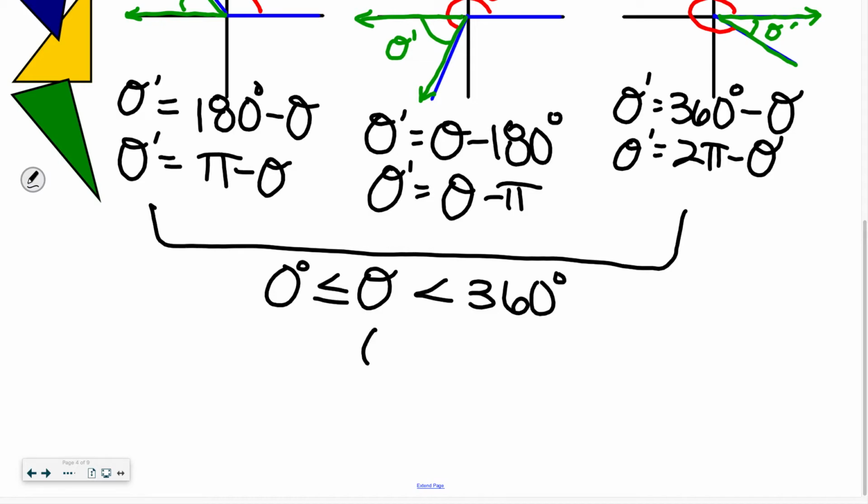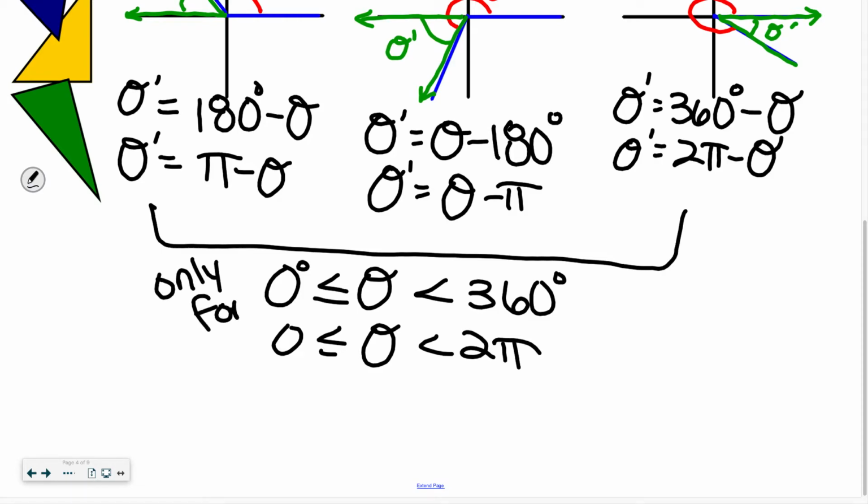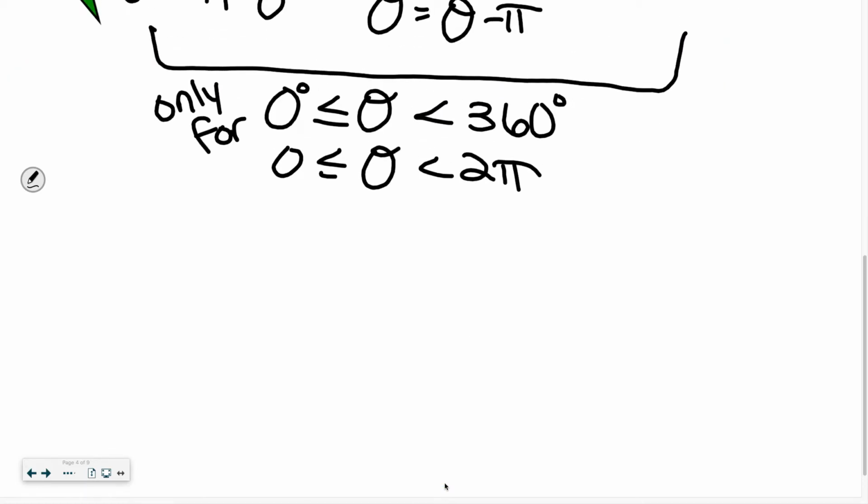And if it's in radians, it needs to be between 0 and 2 pi. So it's only for those thetas. I say that those are angles within one full revolution of a circle.